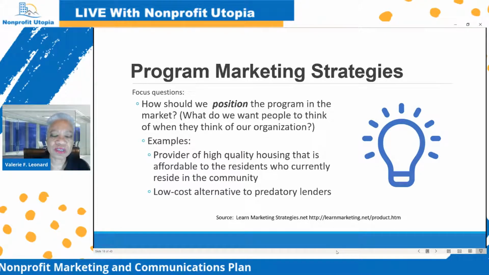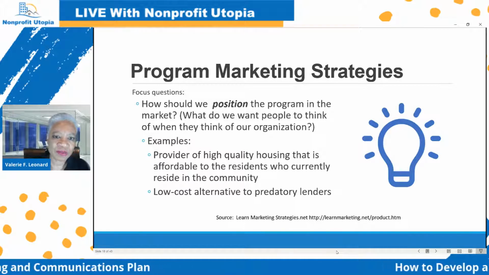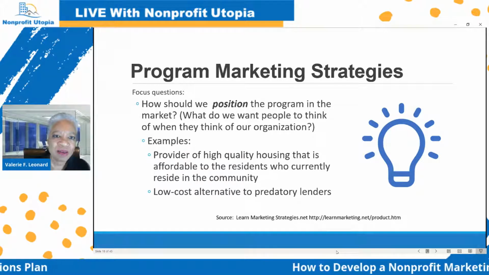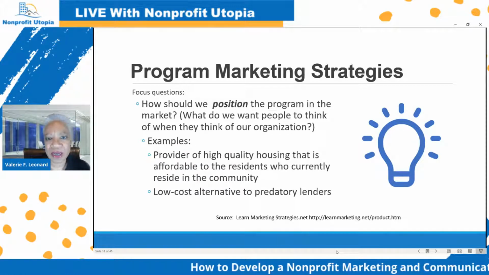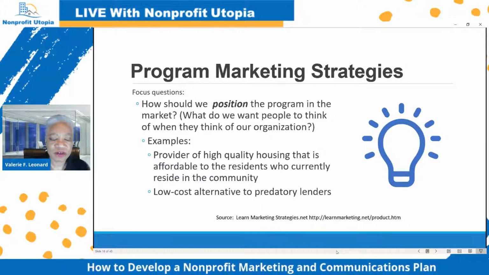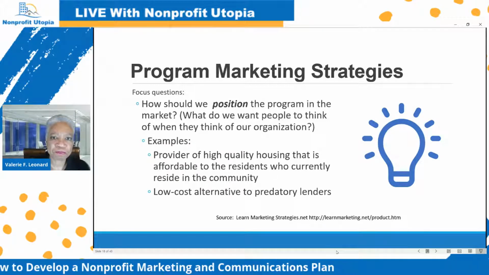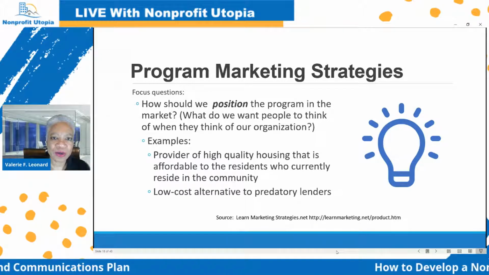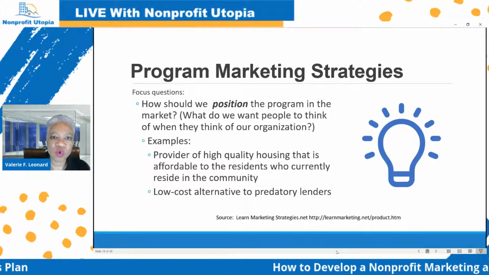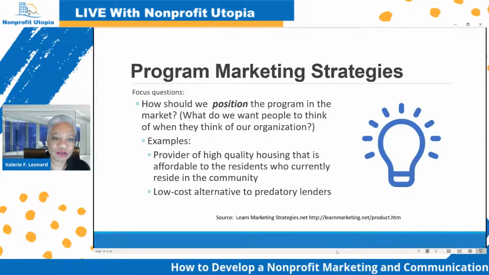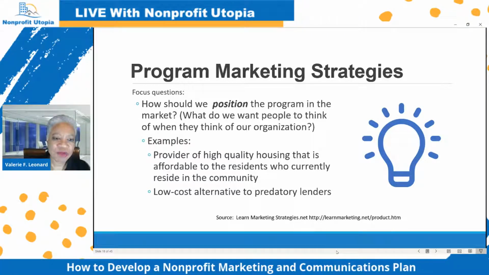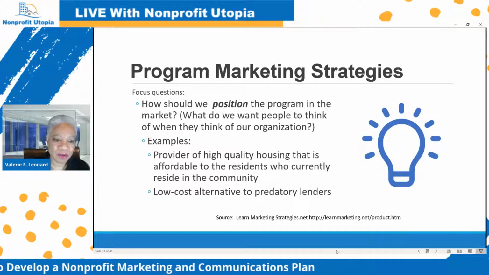And our goal is to be intentional because people already have some impression about us. And we as marketers, we as executive directors need to be sure that we're communicating what we intend to communicate, right? So how do we position our programs in the market?